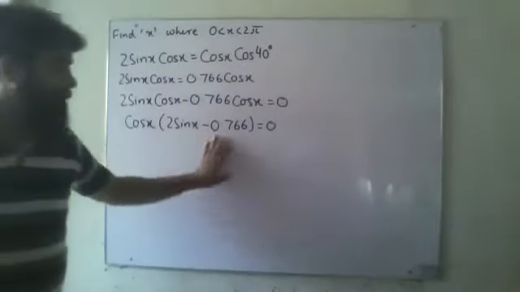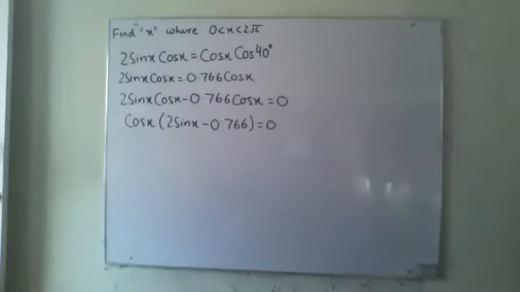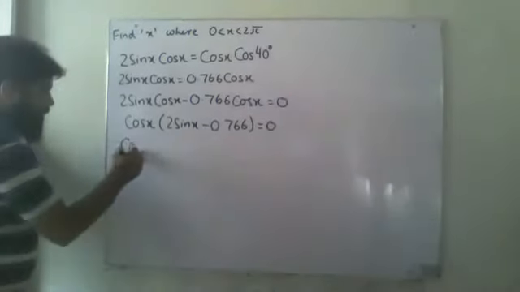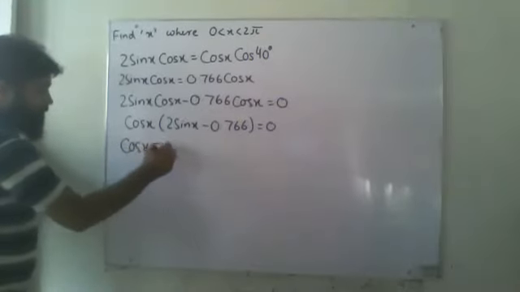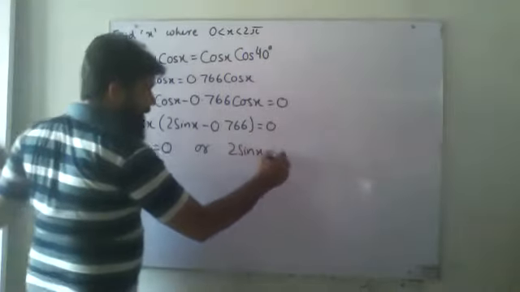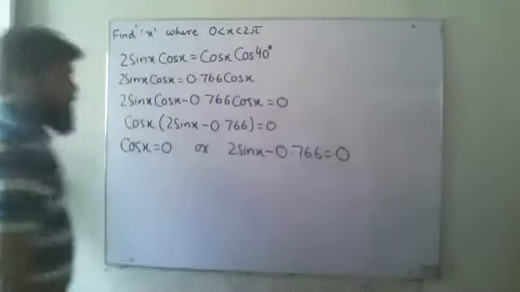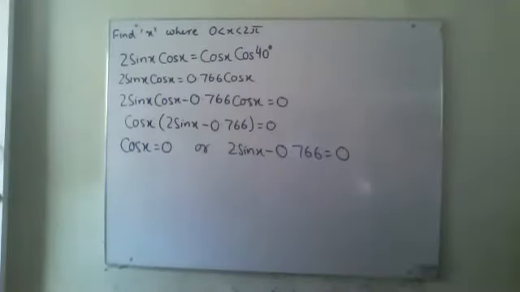This multiplied by this equals 0, only then can I say either cos x equals 0 or 2 sine x minus 0.766 equals 0.